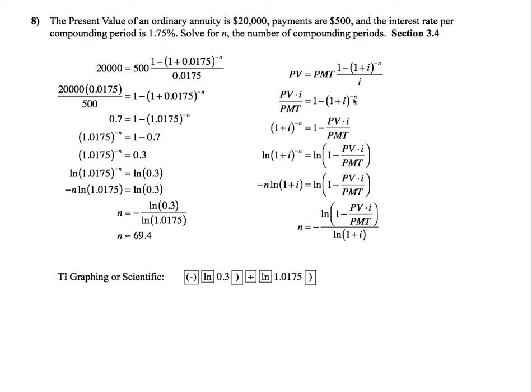I've added this expression, 1 plus I to the negative n, to both sides of this equation, and I have subtracted PV times I over PMT from both sides to put my variable on the left side. It's not necessary, but that's what I've done.